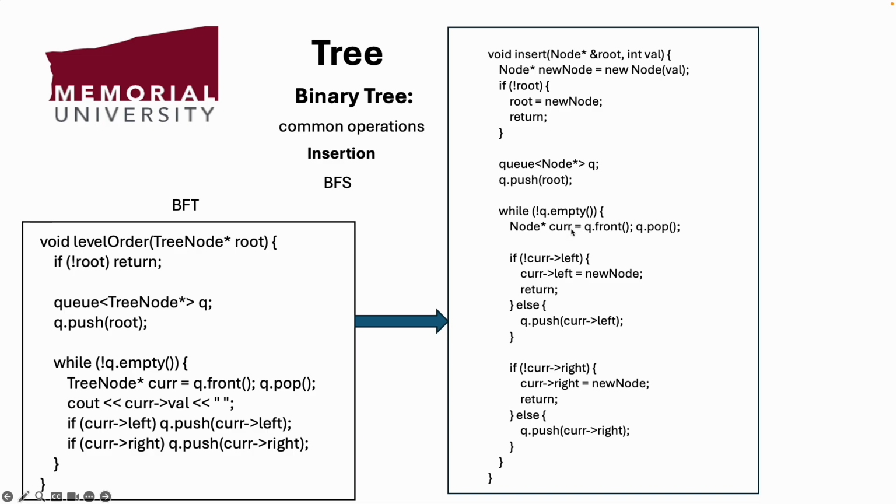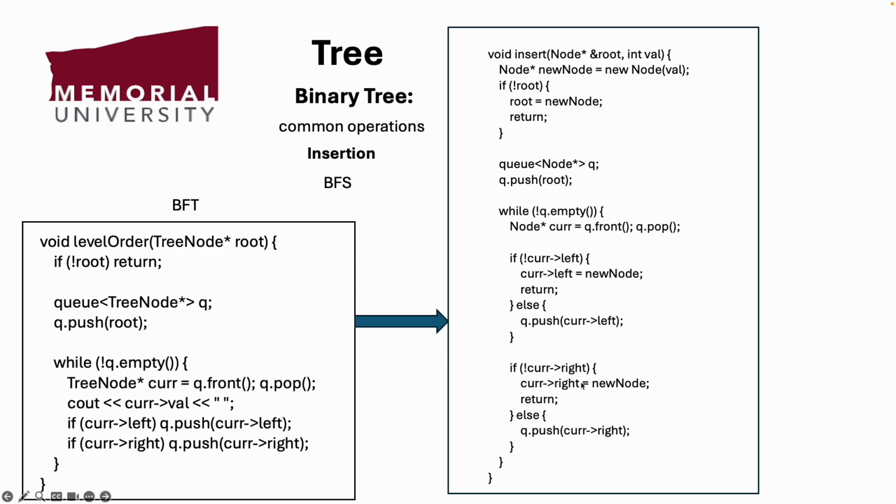We define the current node as the first of the queue. If the current node doesn't have a left child, we insert the new node as the left child and return. Otherwise, the left child is pushed into the queue. Then we check whether it has a right child or not.